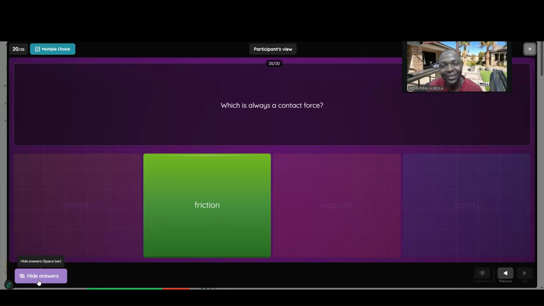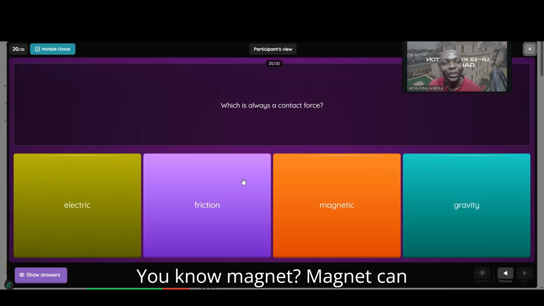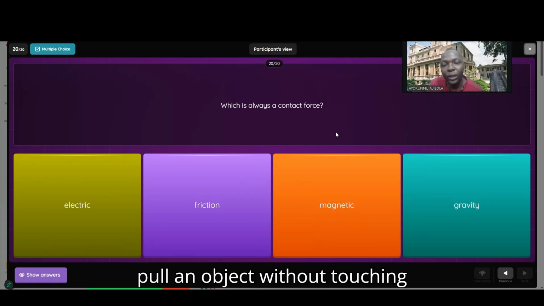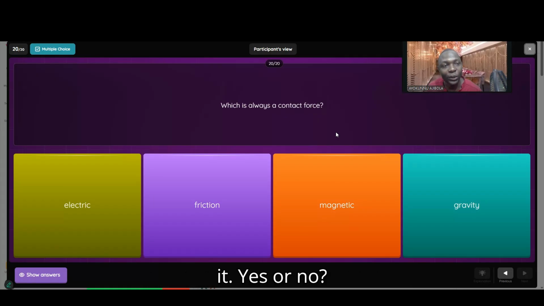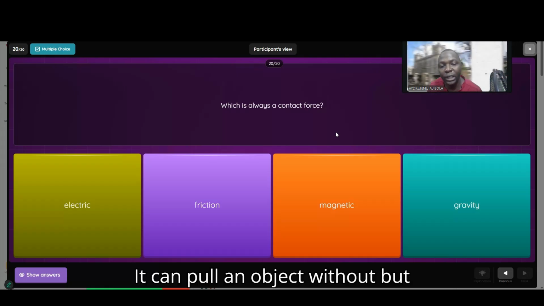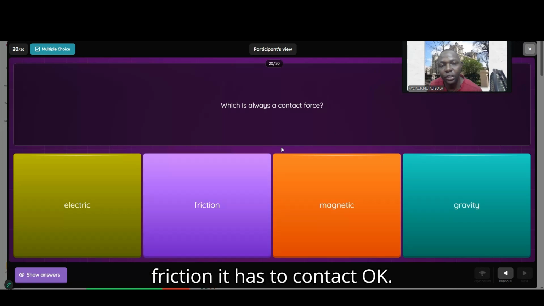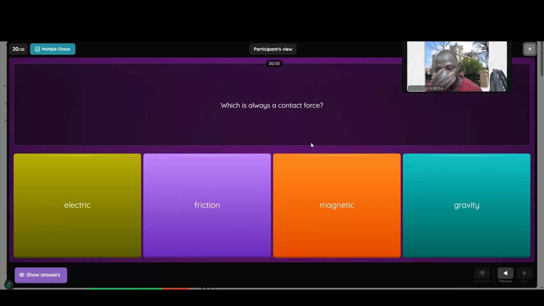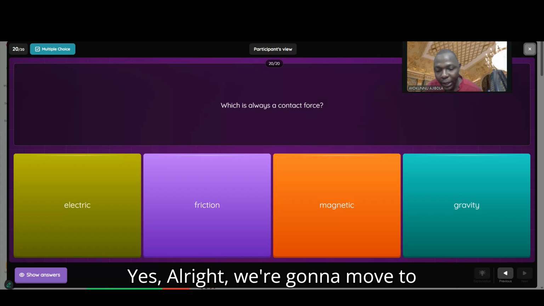Friction. Friction, I got it. You know, a magnet can pull an object without touching it. Yes or no? Yes. It can pull an object without contact, but friction has to contact, okay? Yes, sir. All right. We're going to move to projectile now.